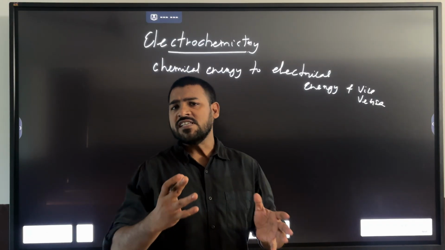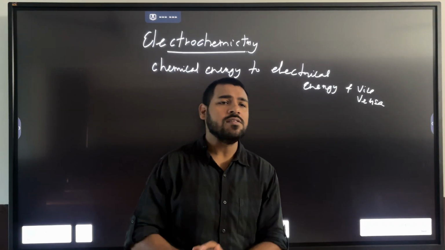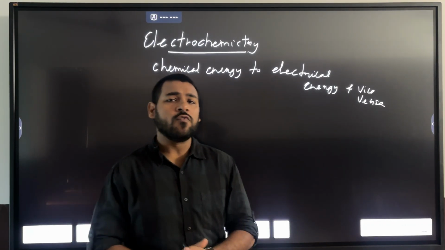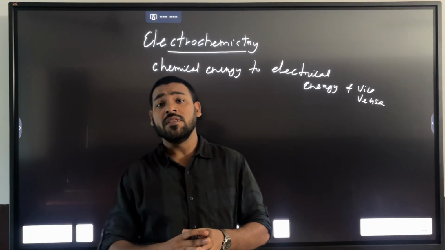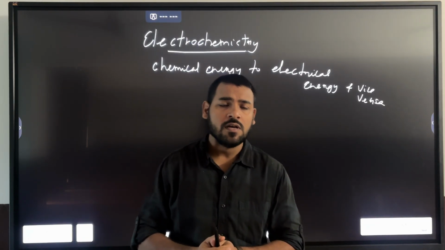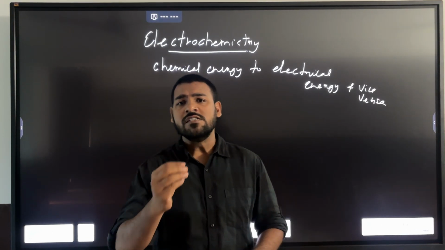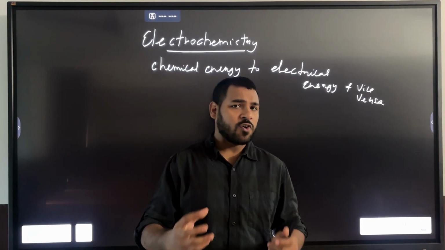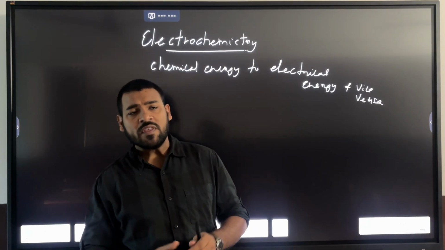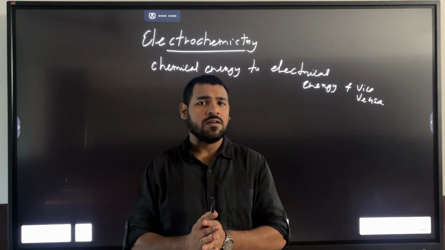Actually, what do you mean by this chemical energy? Chemical energy means the energy which is in a stored form, like in the coal, petroleum, in the bonds of the chemical compounds. And what is the electrical energy? Electrical energy means the energy which is caused due to the flow of electrons or the charges. So, in this chapter, we will deal with these energies.